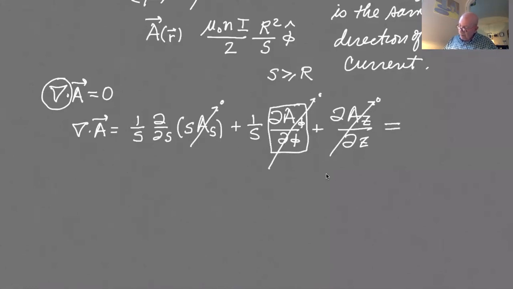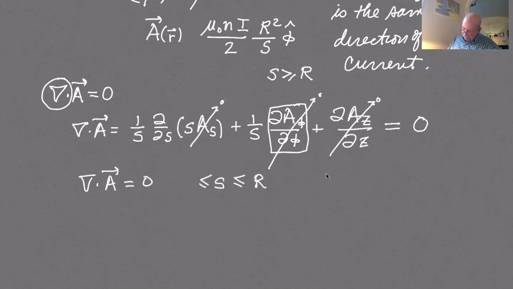So the divergence of A is equal to 0. Okay, so that checks out, and that's going to be regardless of whether you're inside or outside the loop. So this is going to be for S less than or equal to R, greater than or equal to R.